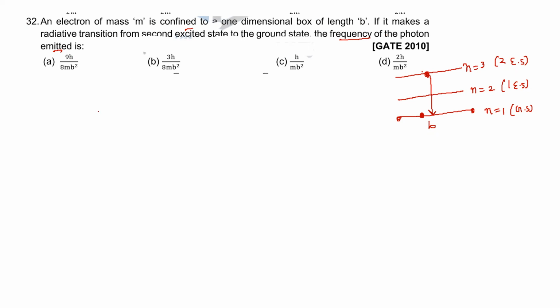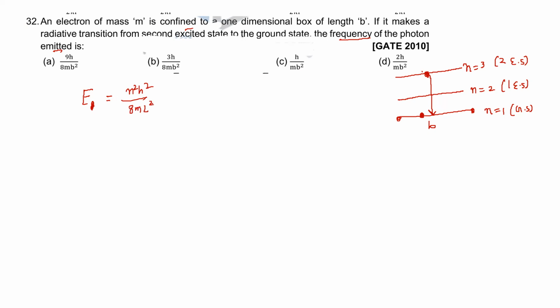Now, first we will find out the energy of the ground state. Here I'm writing E1, which corresponds to n equals 1. We know the formula n square h square over 8 m L square.